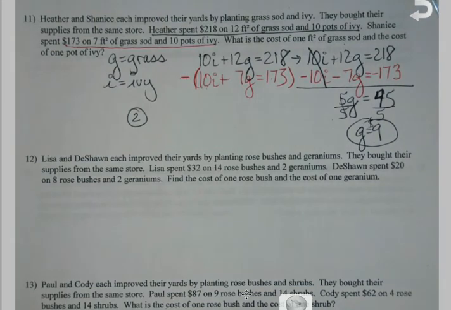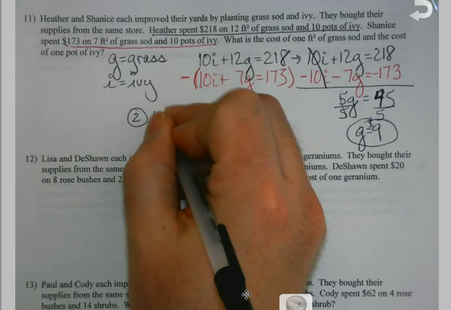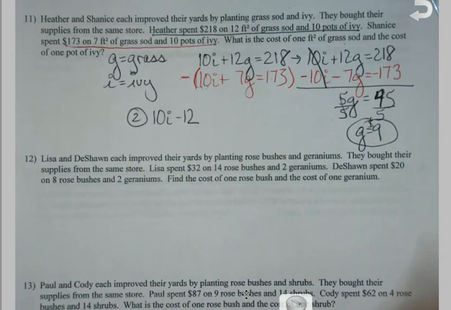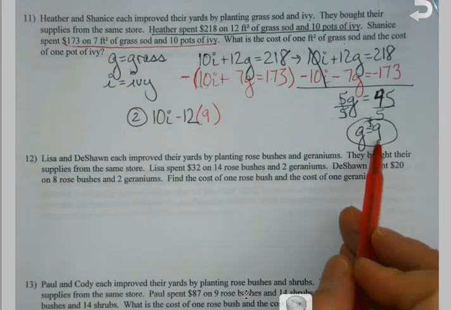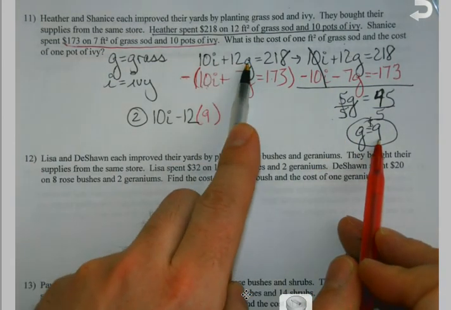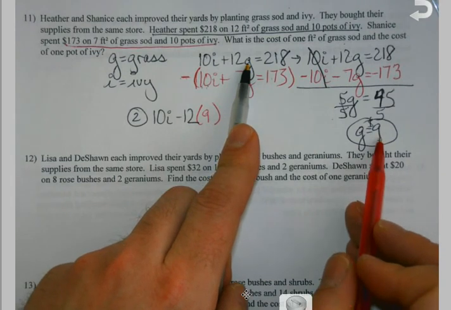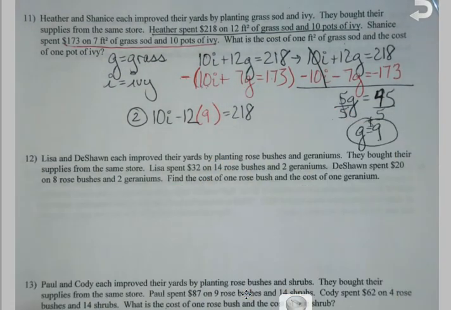And then to finish it off, I like using the top equation, so that's what I'm going to do. And notice when I got to the second equation, when I got to G, I replaced it with the number I just found for G, the 9. Everything else stays the same.